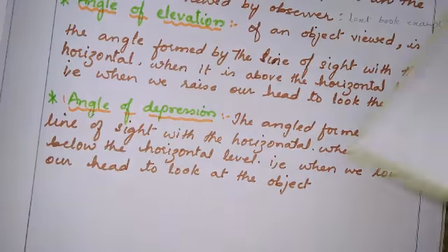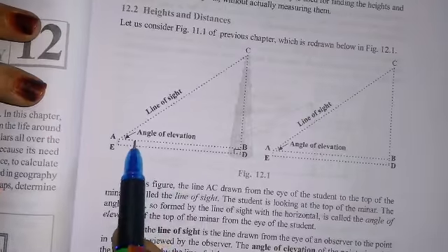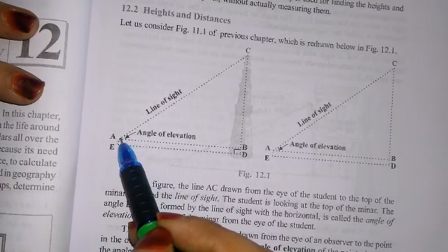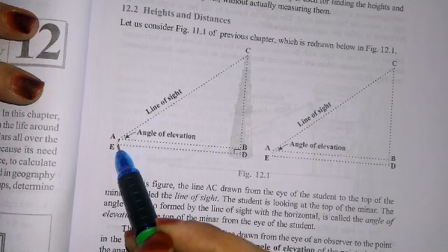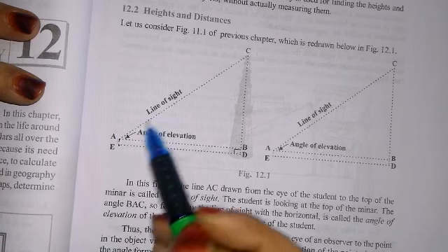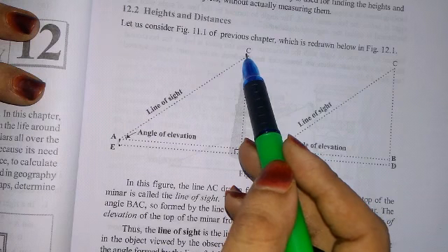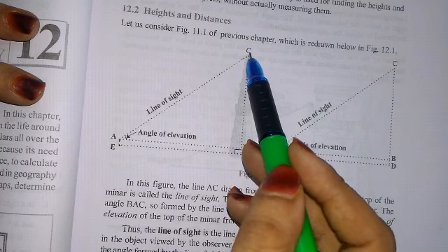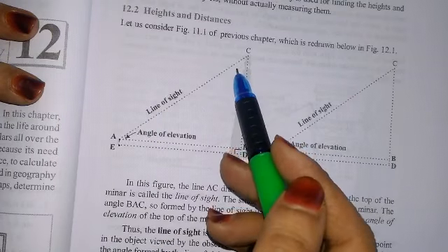For example, let us see this angle of elevation and angle of depression. A student is standing here, observing the tip of the Qutub Minar. To look at the Qutub Minar, we should raise our head, we should look up, is it?